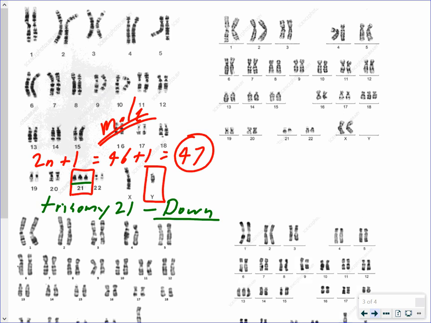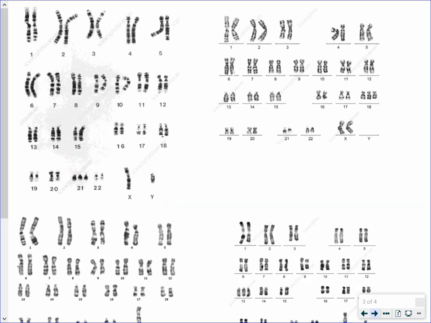And again, this is one of the exceptions where not only do they reach the end of the pregnancy, not only are they born, but they actually do survive and are also able to reproduce. The one that we're taking a look at on the right-hand side, in this case here, there is no Y chromosome. So this is going to be a female that we're taking a look at here.